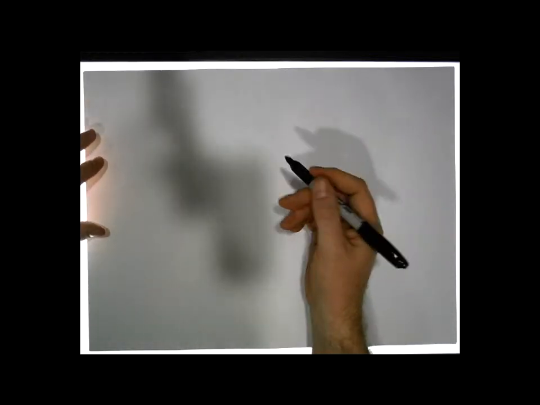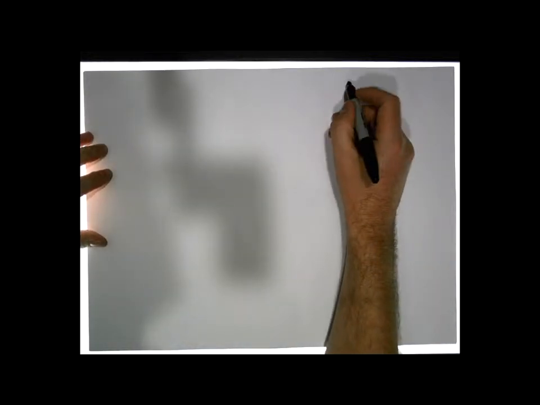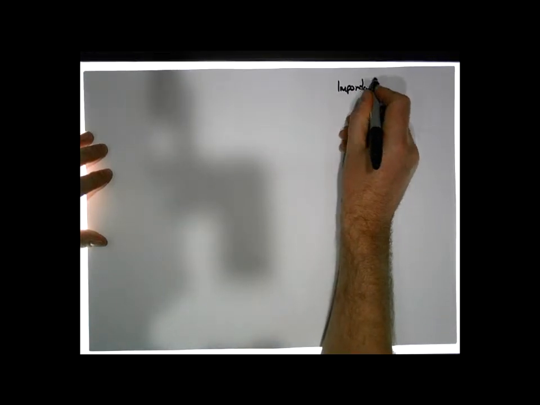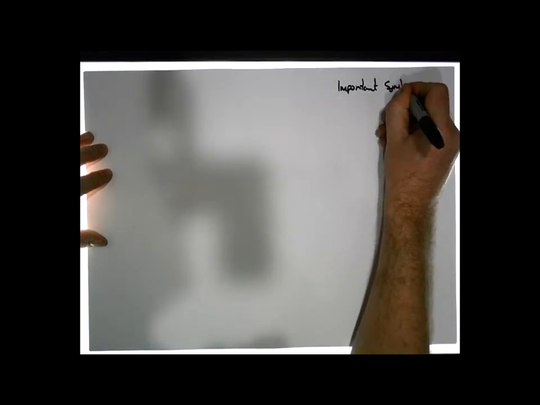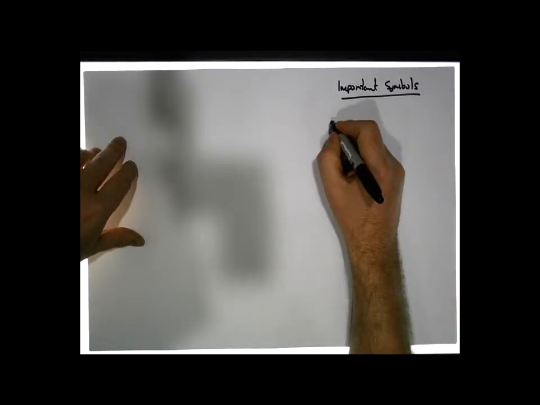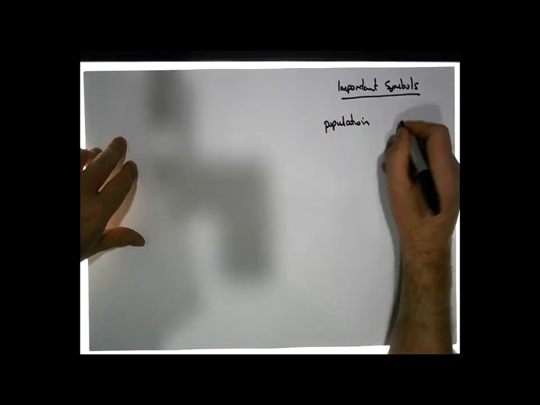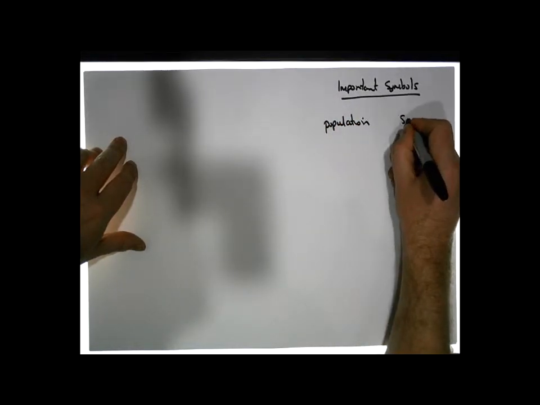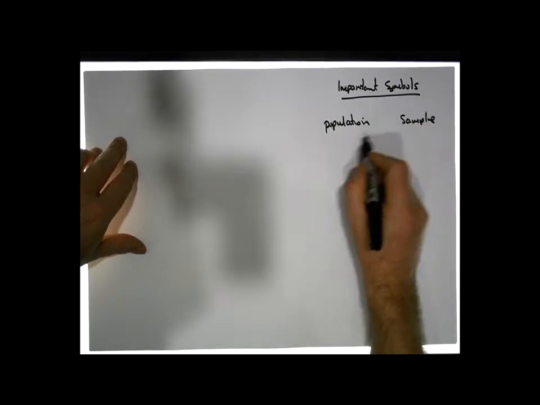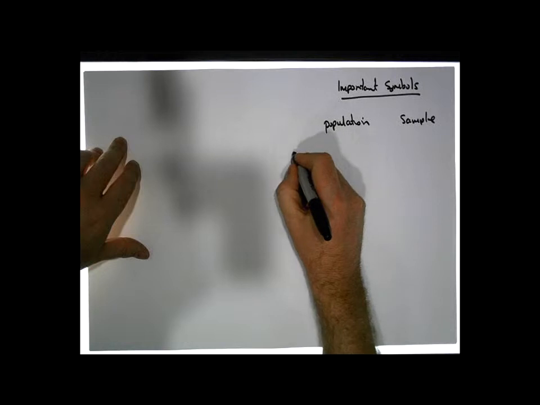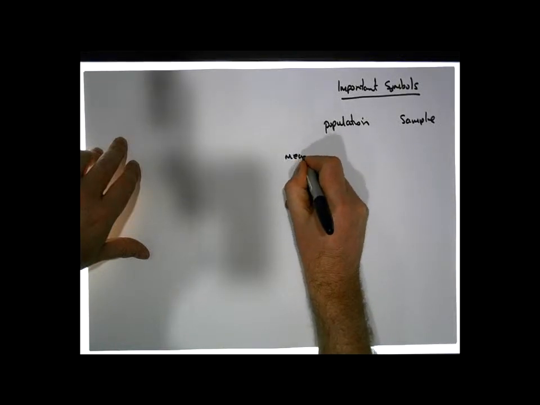First, let's clear up some symbols. Some important symbols that we're going to use. We have two perspectives: the population parameters and the sample statistics. When we consider the population, we could consider the mean value of a population, which is symbolized by mu.